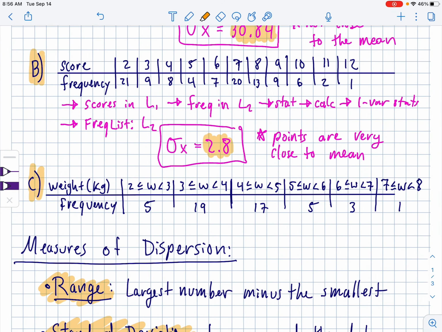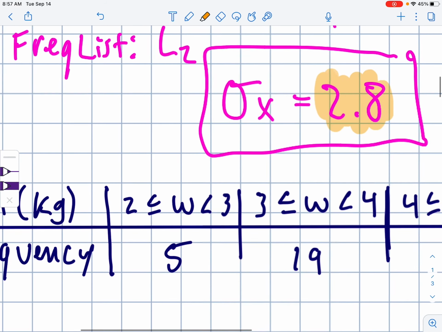For the third set of data, data C, it's basically a frequency table, but notice that your scores are ranges. They're not solid numbers. So what you do is you take a midpoint of each one. So the midpoint between 2 and 3 is 2.5.